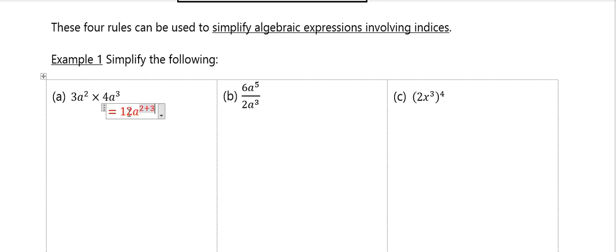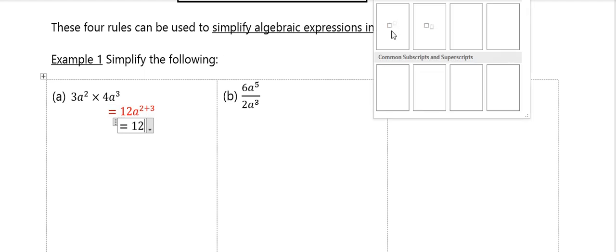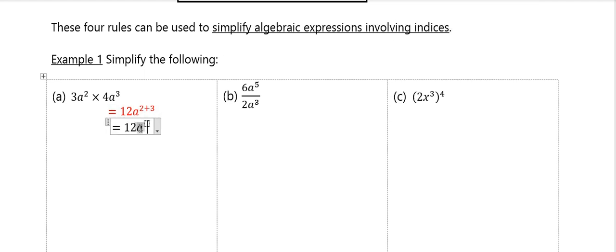So a to the power 2 plus 3, so you have 12a to the power 5. This is already simplified, so that is the final answer for the first part.